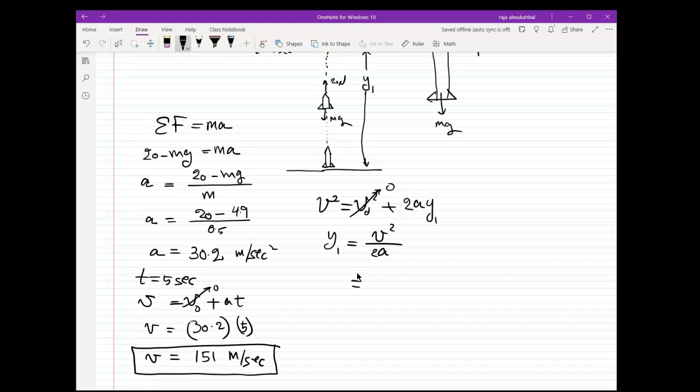So here we have 151 squared divided by 2 times a, which is 30.2, and then I can calculate y1. When I do that, I will get 1,163.3 meters.